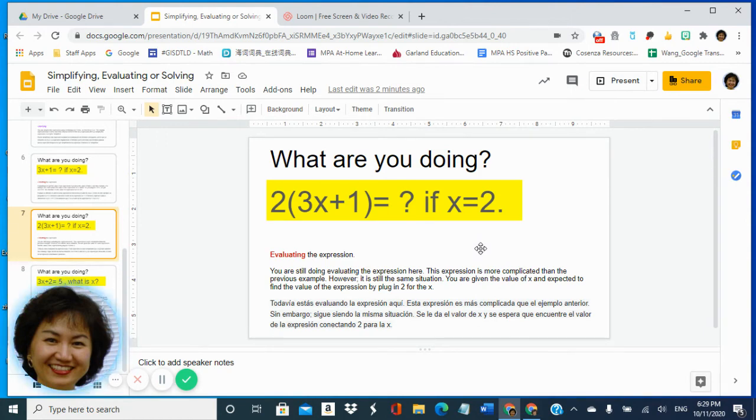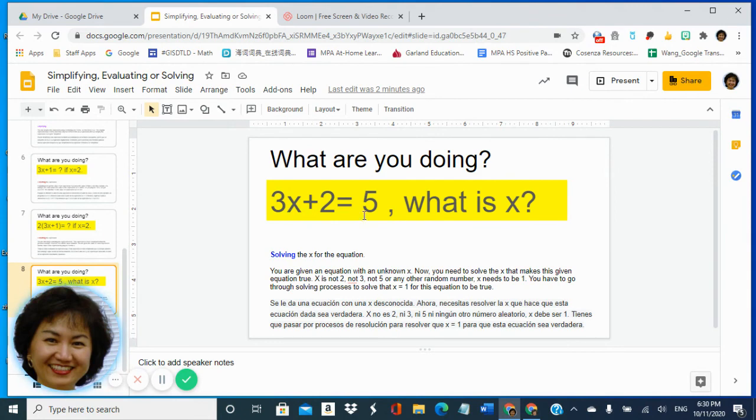That whole process is called evaluating. Again, you are not solving an unknown x. You already know the value of x. So you plug in that x into that expression to find the value of that expression. So we call this whole process evaluating the expression.